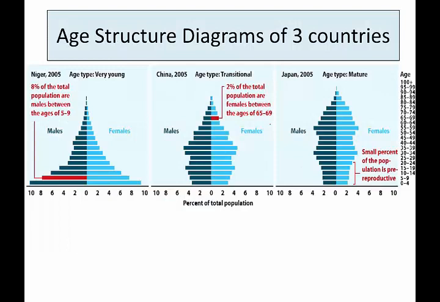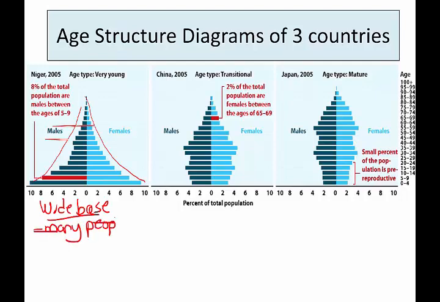Let's take another look at what age structure diagrams can tell you. On the left, we have Niger, which is a country in sub-Saharan Africa, and you can see they have kind of a pyramid-shaped curve. So what this curve is showing you, when you have this wide base, is that there are many people below 15 years old. And that means as they reach their reproductive years, they are going to reproduce.